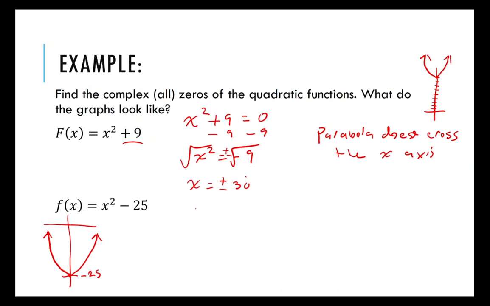And if we find the zeros, that is x squared minus 25 is equal to 0, add 25, x squared is equal to 25. Take the square root of both sides, plus and minus, x is equal to plus and minus 5. And so specifically, if I look at where this thing crosses the x-axis, I know that it's going to be at the points -5 and 5.